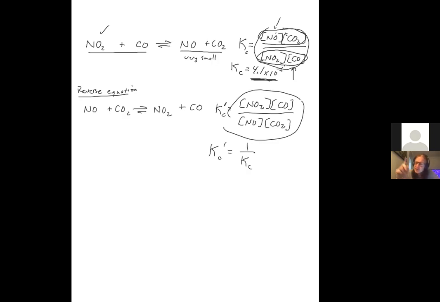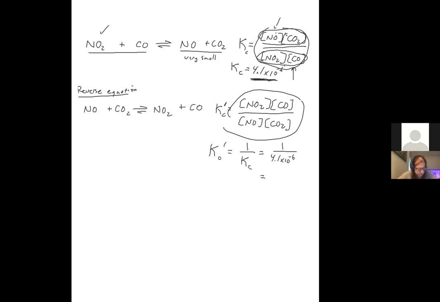That little prime is just saying it's a different equation. It's 1 over. So all you got to do is just take 1 divided by 4.1 times 10 to the minus 6. That's all you got to do. Okay, so you put in your 4.1 times 10 to the minus 6, and then take 1 over x. That's called the reciprocal. And you're going to get a big number.